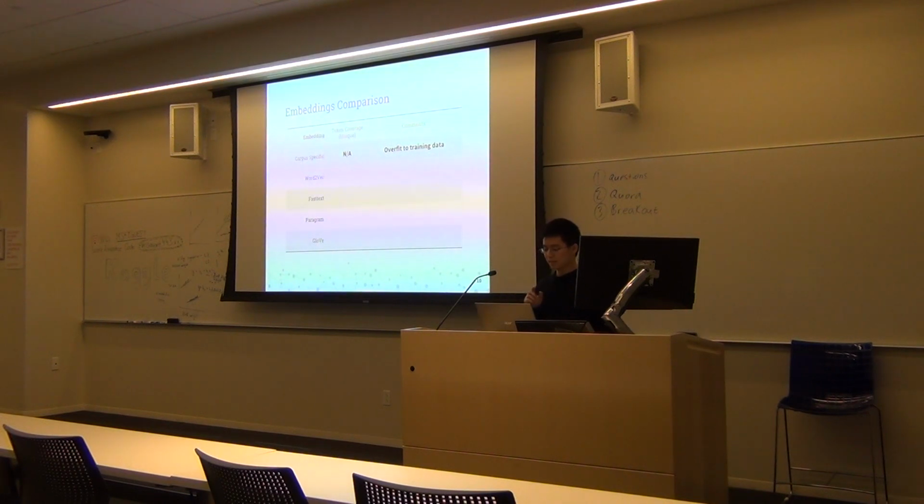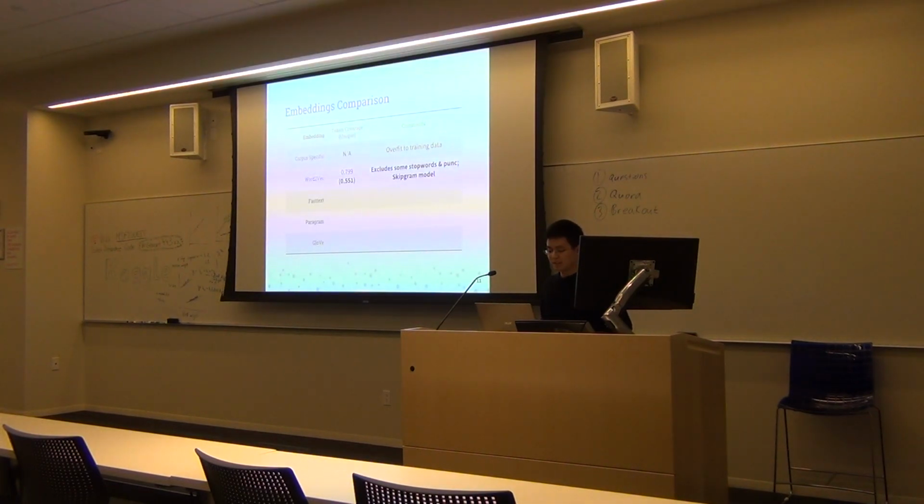And often you want to learn an embedding space specific to your task because you want the stop words and things like that to be representative of your corpus. But in this case, I felt there wasn't enough context in the short questions for that to generalize well. And when I tried to use the corpus-specific embedding, it quickly overfit to the training data. So that's why the competition made 4 pre-trained word embeddings available for us.